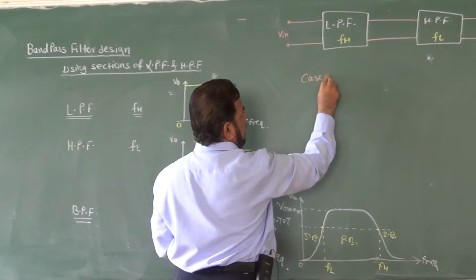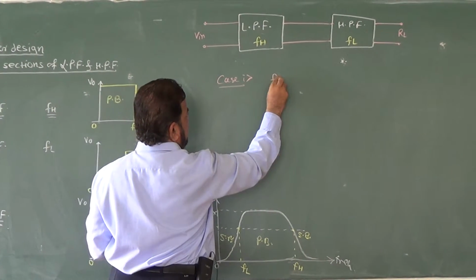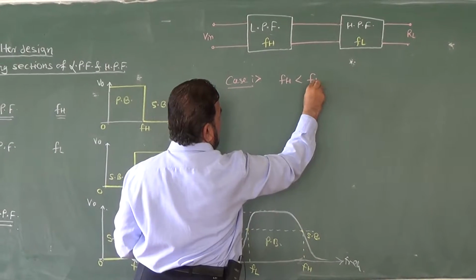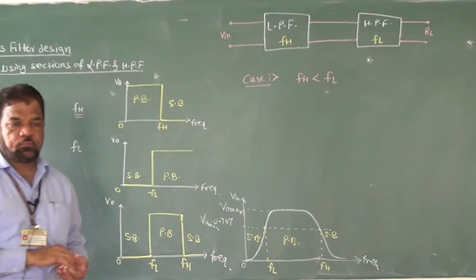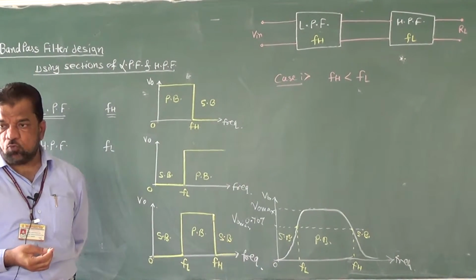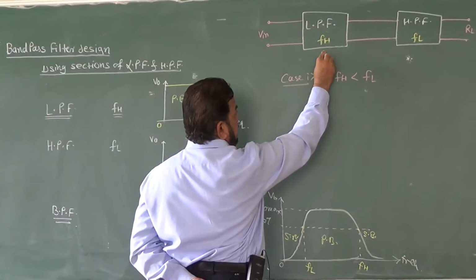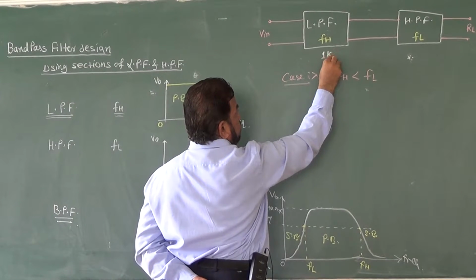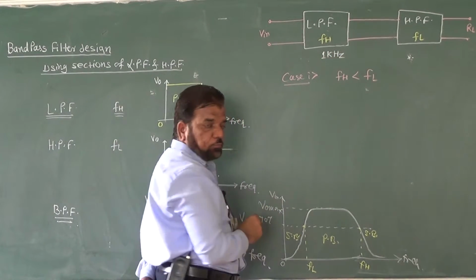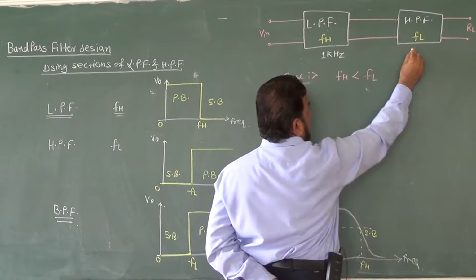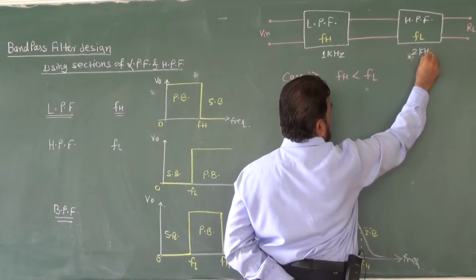Case 1 is FH less than FL, the cutoff frequency FH is less than FL. For simplicity, take FH equal to 1 kilohertz and FL equal to 2 kilohertz.